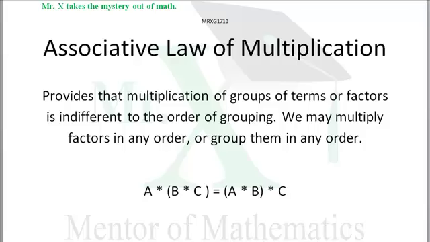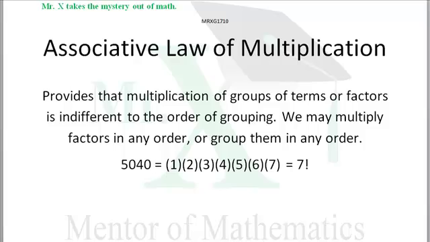For example, now if you're just learning to multiply, you're probably not ready for 7 factorial, but 7 factorial, we call that a factorial. And we read that as 7 factorial. Well, that's equal to 5040. And we get it by multiplying.